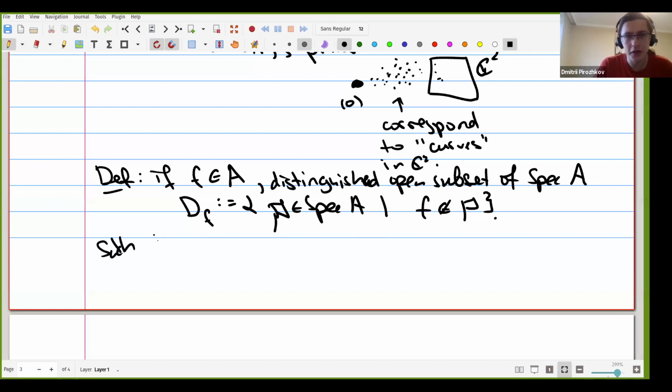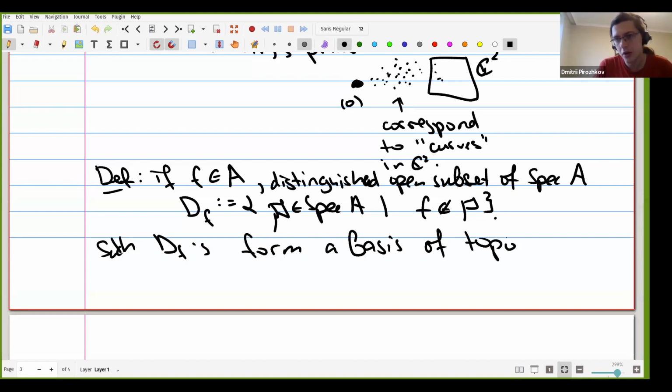Such D(f)s form a basis of the topology. In other words, any open subset of the spectrum is a union of several distinguished open subsets. Those distinguished open subsets are just a notion of a nice, understandable neighborhood of a point in this spectrum.